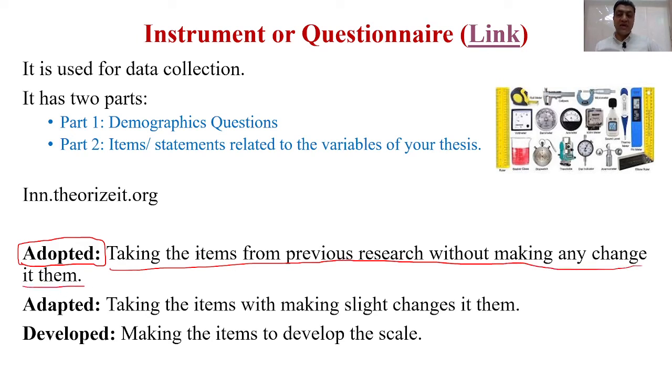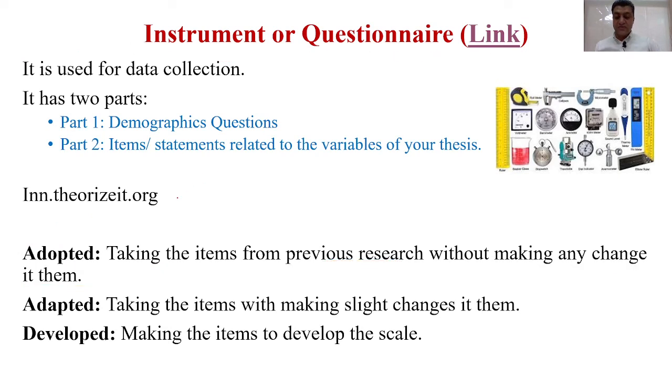So if you are not making any changes, you're just taking those items from someone and using them for your data collection, it will be known as adopted items or adopted scale or adopted instrument or adopted questionnaire.